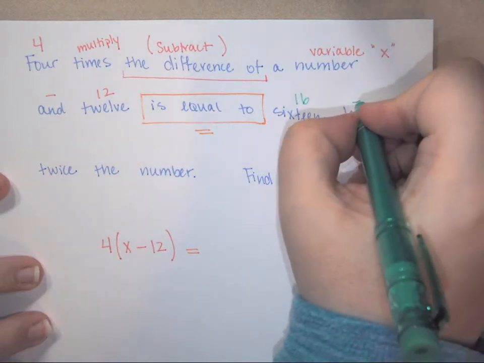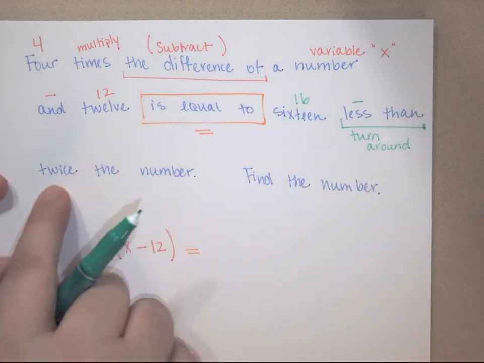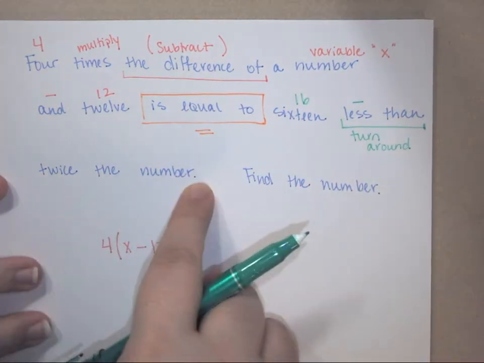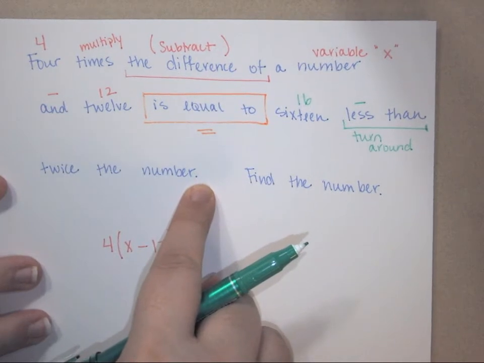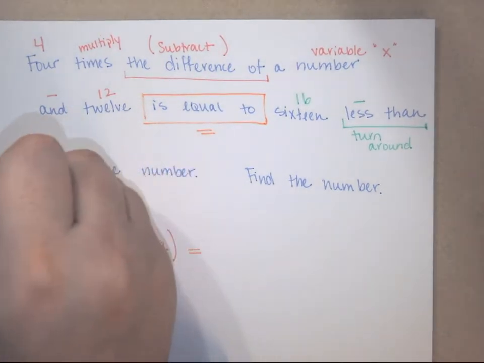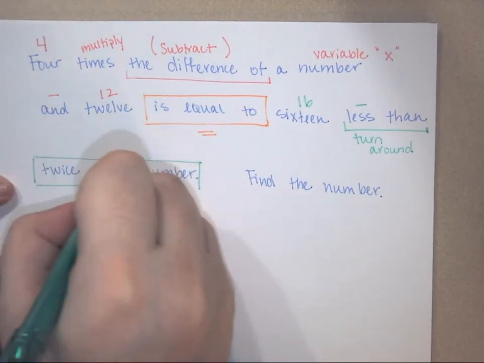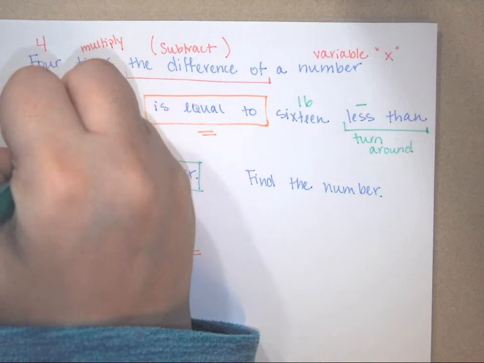And less means subtraction. So the turnaround phrase means what comes first, this part down here is what gets written first. Okay? So the turnaround says, when we look at this piece here, this comes first.